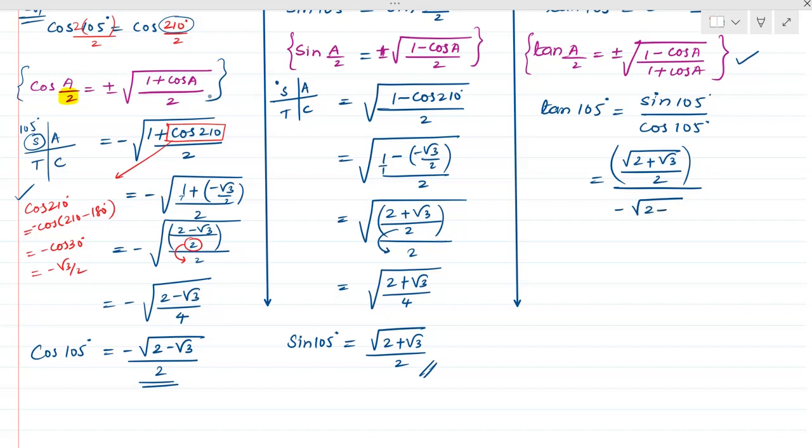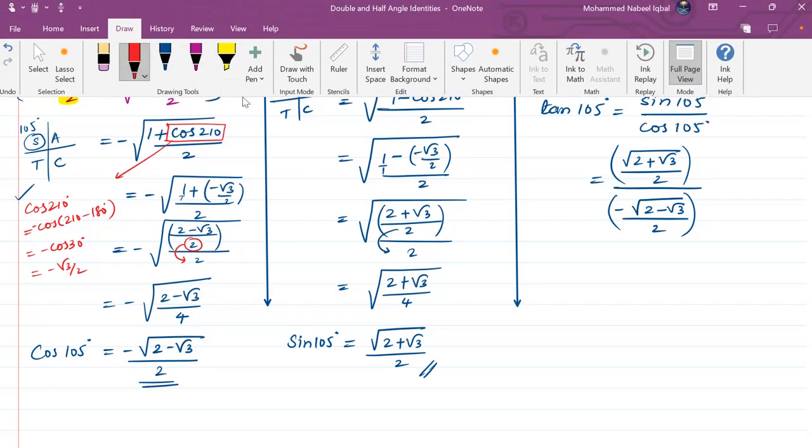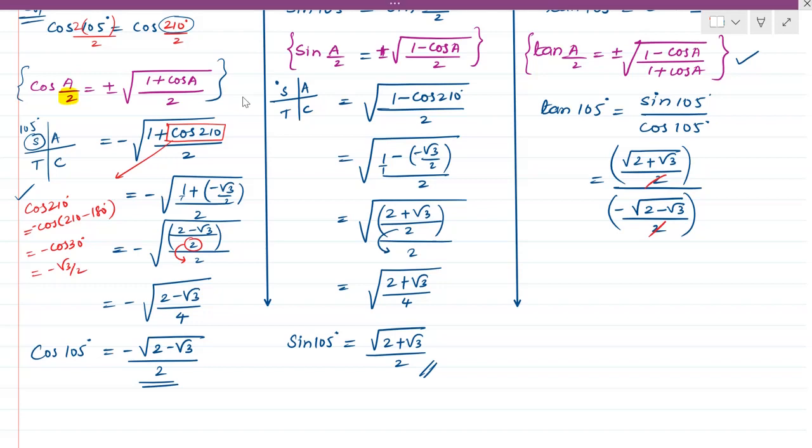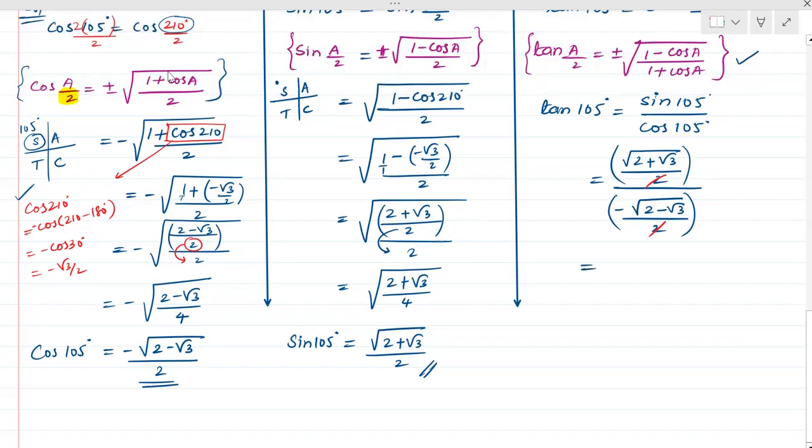Minus square root of 2 minus root 3 over 2. So what is the cancel term? Here you cancel the 2 with the 2. What are the remaining terms? You will have square root of 2 plus root 3 over minus square root of 2 minus root 3. Either you can write the minus here or in between or up top, it has the same meaning.